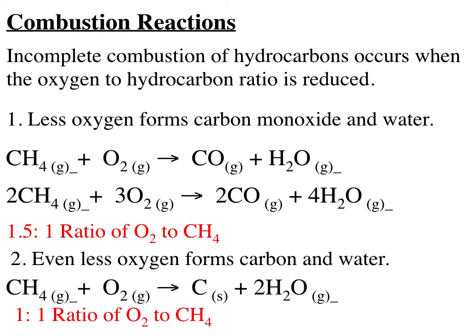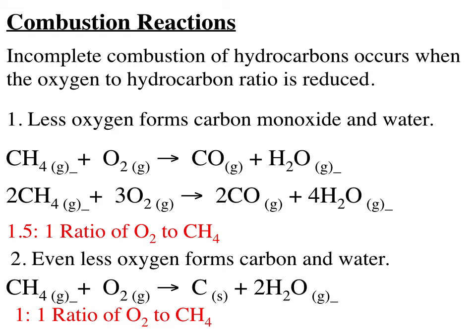Now in the second form of incomplete combustion, which again, I want you to recognize the reactants are the same, but I'm getting different products. So I want you to know what the reactants are. They're simple. They're fuel, hydrocarbon fuel, and oxygen. The products of complete combustion, the difference is complete combustion forms carbon dioxide.